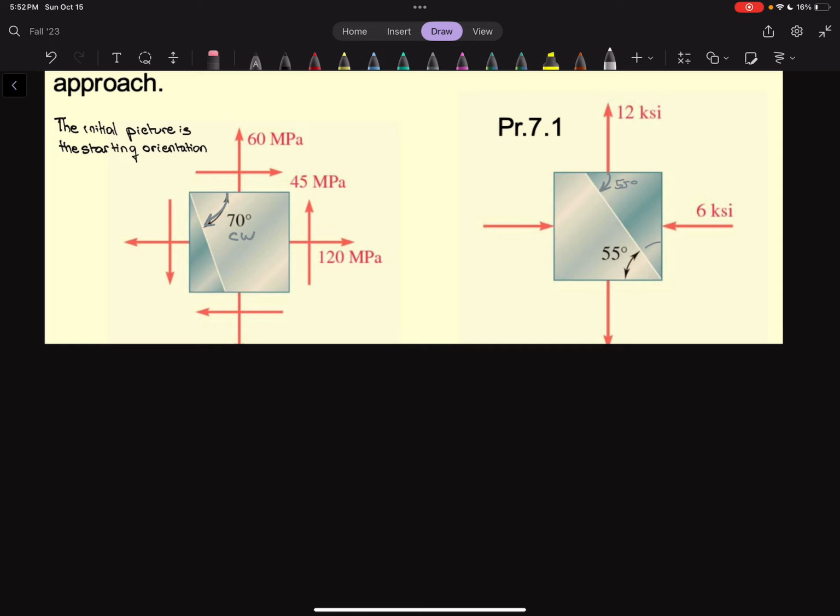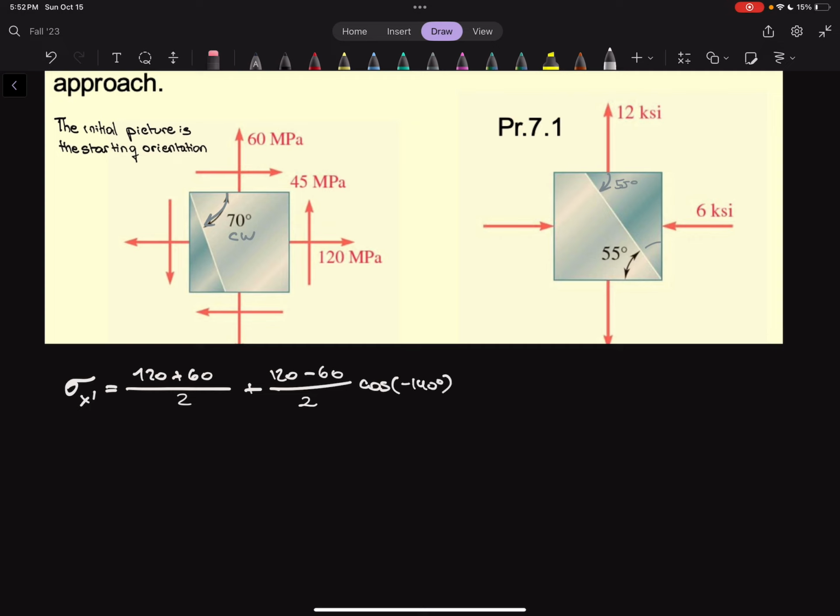So all we have to do is get out our transformation equation, sigma x prime, and we're going to do sigma x plus sigma y divided by 2. Sigma x is 120 plus sigma y divided by 2 plus sigma x, which is again 120 minus sigma y divided by 2 times the cosine of 2 times minus 70 degrees, so minus 140 degrees.